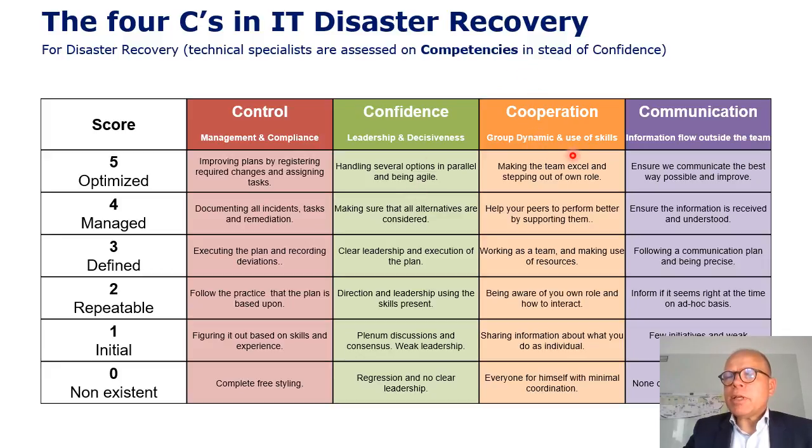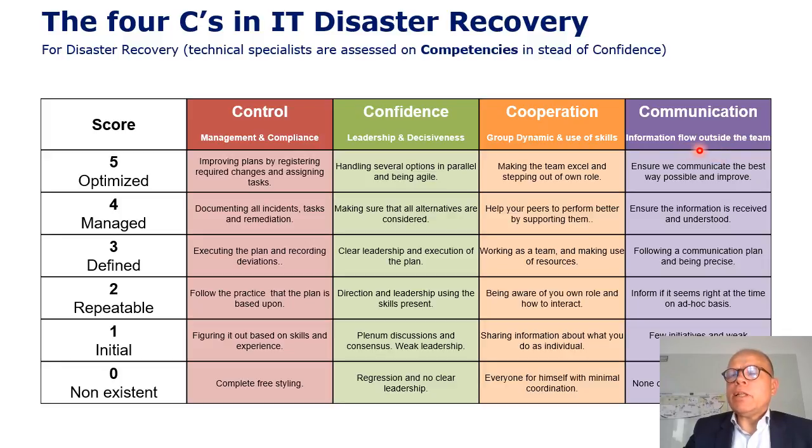Cooperation is group dynamic and use of skills. So that's your ability to work together as a team and to get the best out of each role there and make sure that everybody performs as they should. The last one is communication, and that's information flow outside the team.